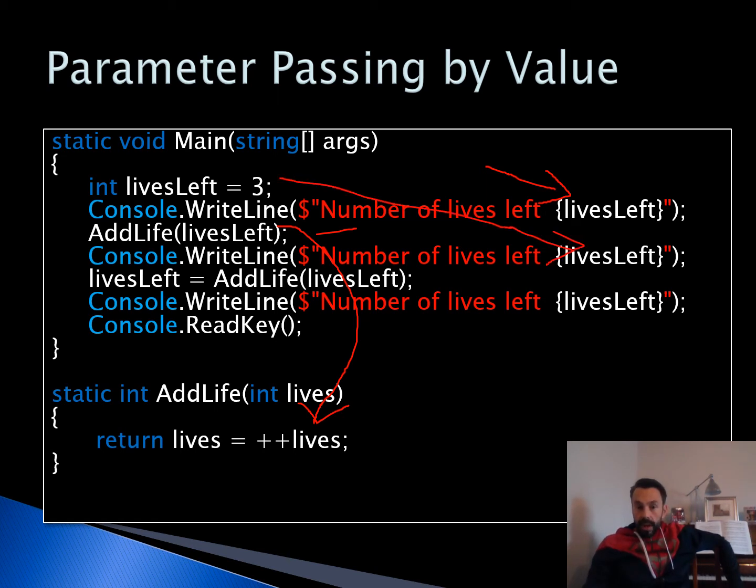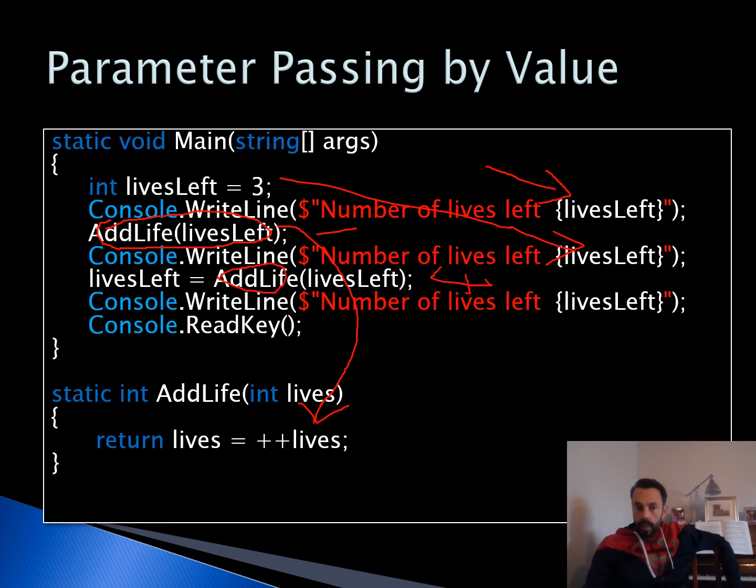So basically, what you're going to get is 3 and 3, despite the fact that you think in your mind you've actually incremented lives left by calling that particular method and function, okay? But here's where you've actually got to write the code to do that. If you're trying to increment that, lives left has got to equal add life, and then you're calling this method again, and then passing in lives left in order to get 4.